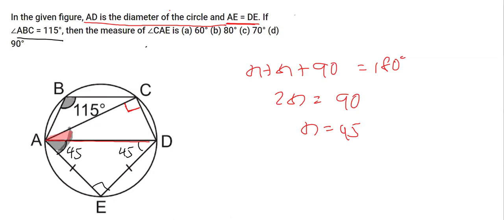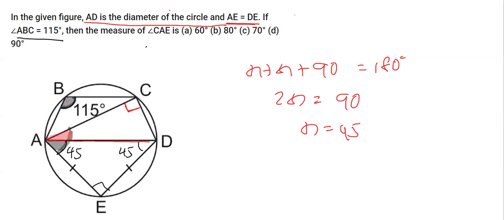Now look into the angles that we already know. This angle is 115. So we can see this ABCD is a cyclic quadrilateral, as its four vertices are on the circle.